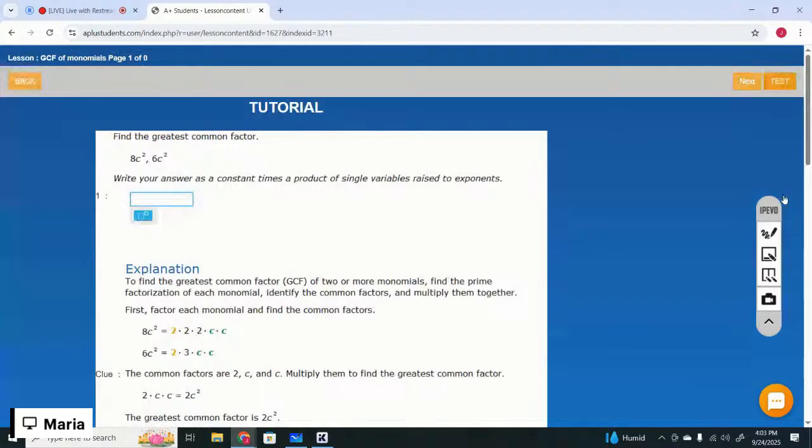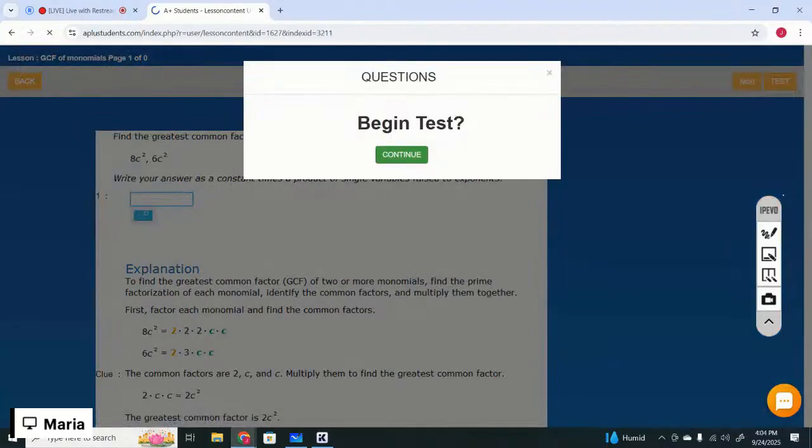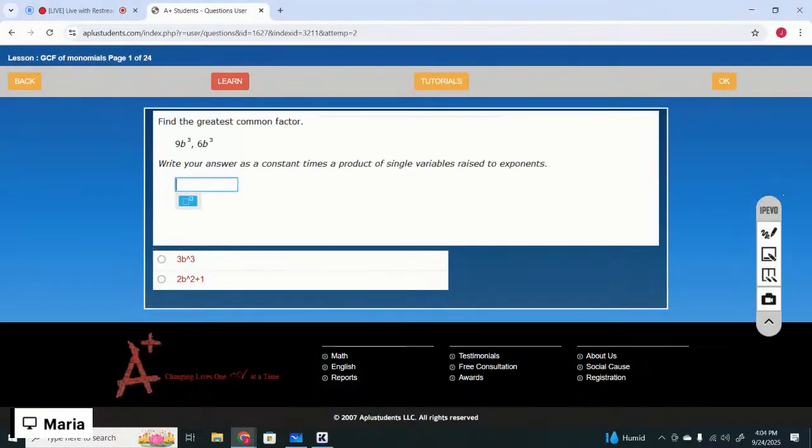Let's just start with the test questions. Find the greatest common factor of 9b cube and 6b cube.